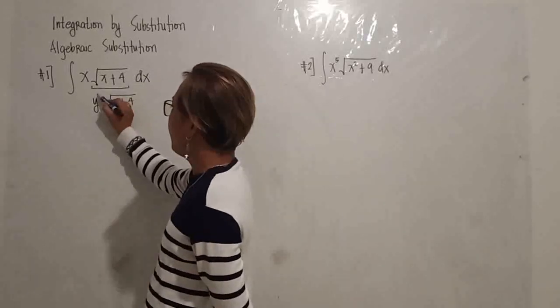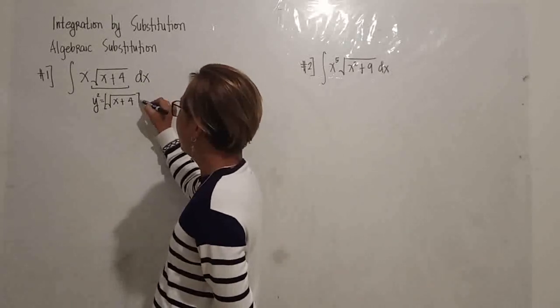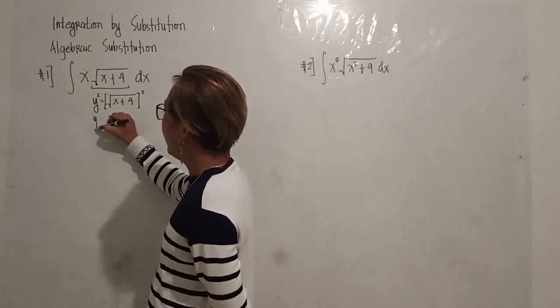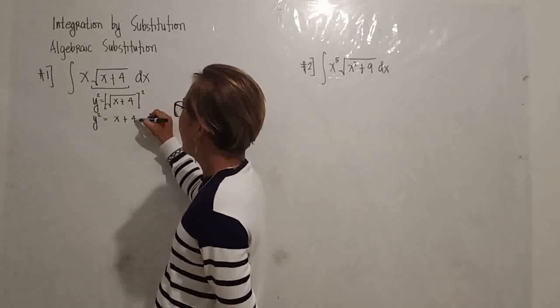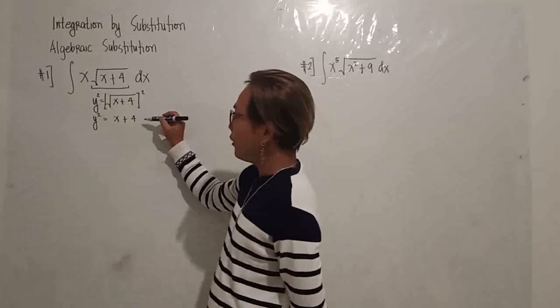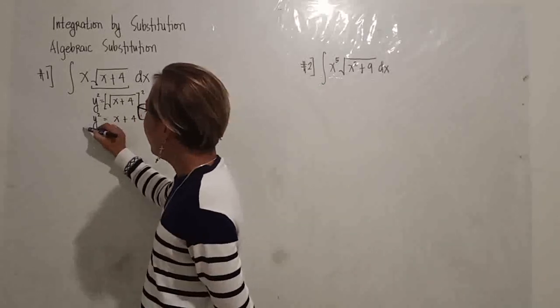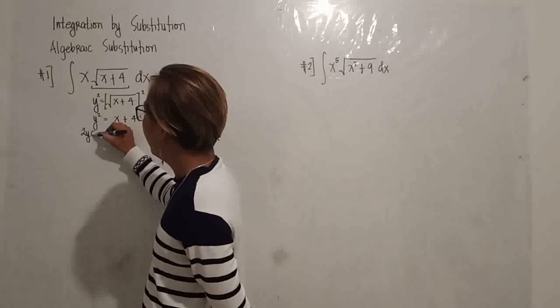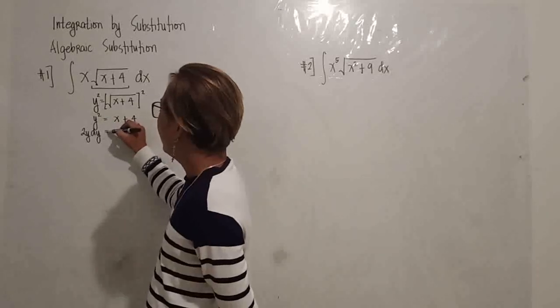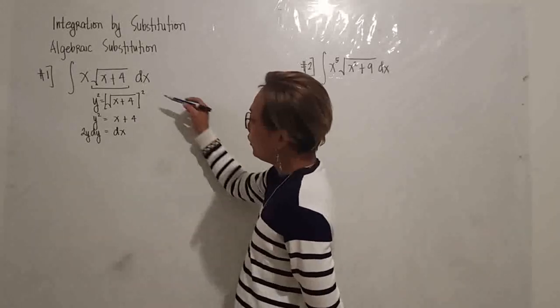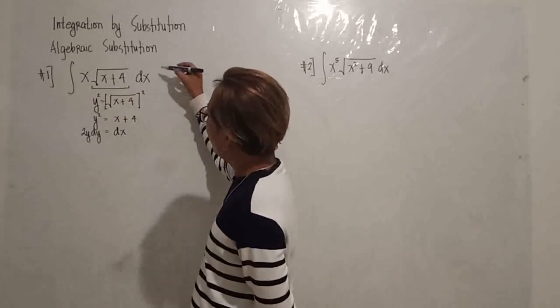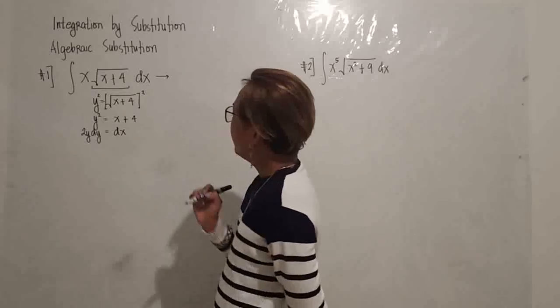So you need to square both sides. You will now have y squared equals x plus 4. Then get the derivative of this function. You will now have 2y dy equated to dx.